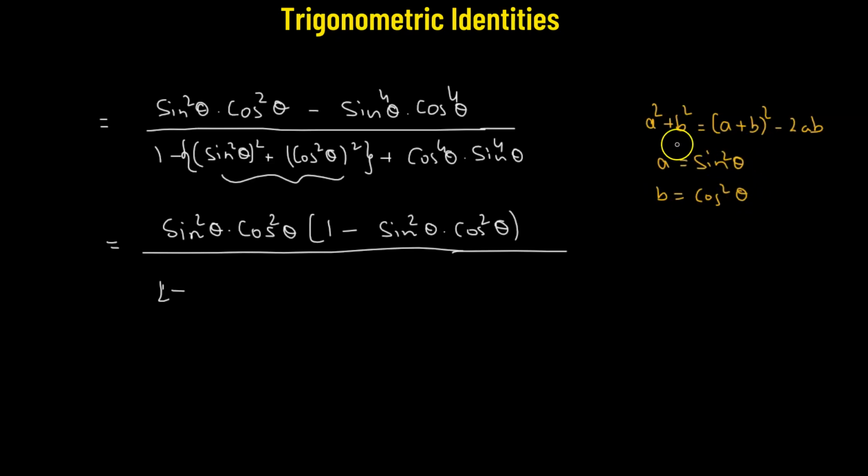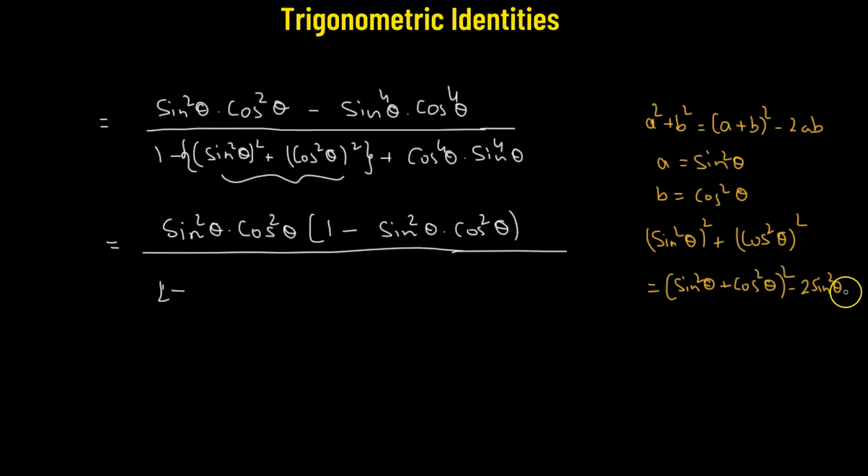So if we use this format, then sine squared theta whole squared plus cosine squared theta whole squared will be equal to sine squared theta plus cosine squared theta whole squared minus 2 times ab. So ab will be sine squared theta multiplied to cosine squared theta. Now sine squared theta plus cosine squared theta is a standard trig identity with a value of 1. So we have 1 squared, which is 1. This is going to give us 1 minus 2 times sine squared theta times cosine squared theta.